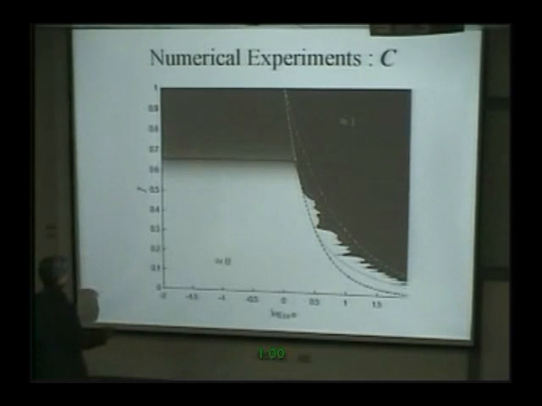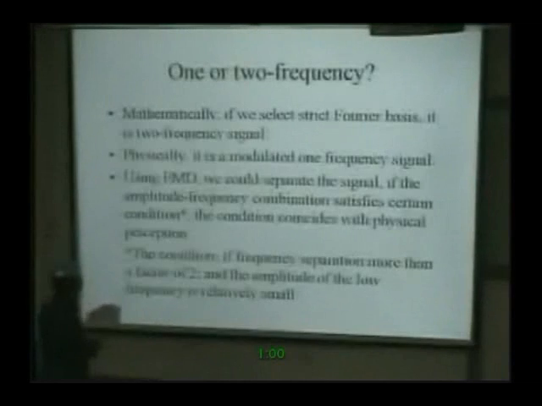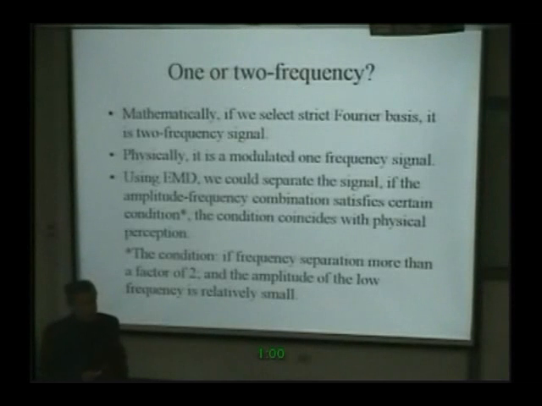And this is a different plot of the previous curve. So 1 or 2 frequency. That's the question. See, mathematically, if you select strictly Fourier base, it is a 2 frequency signal. And if your signal is long enough, we always can separate the 2 signals. Physically, it's a modulated 1 frequency signal.